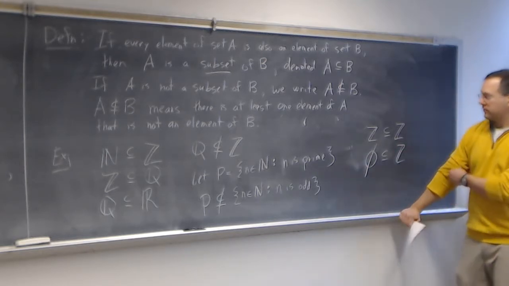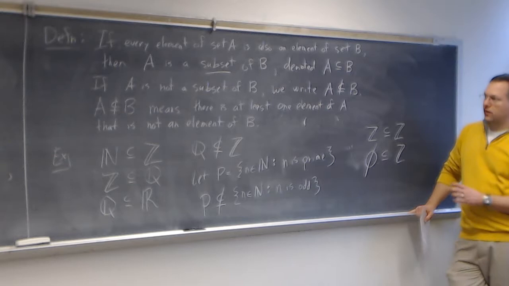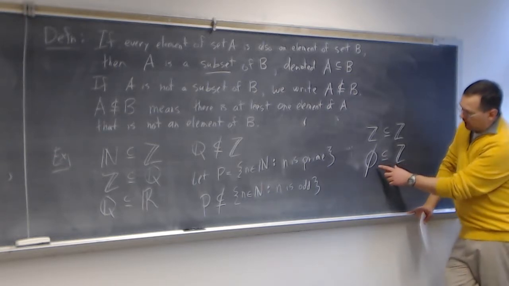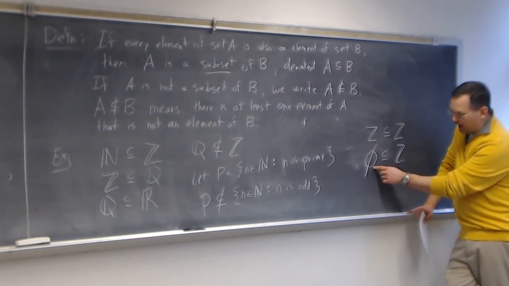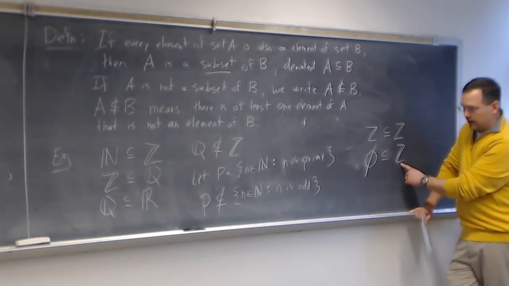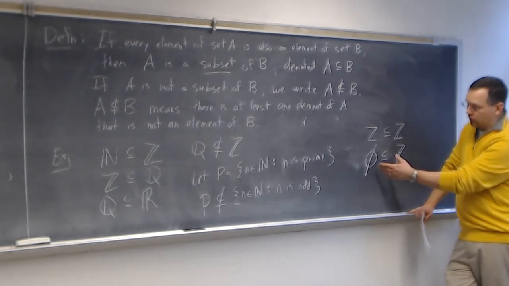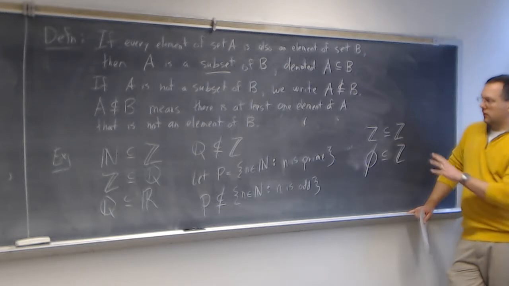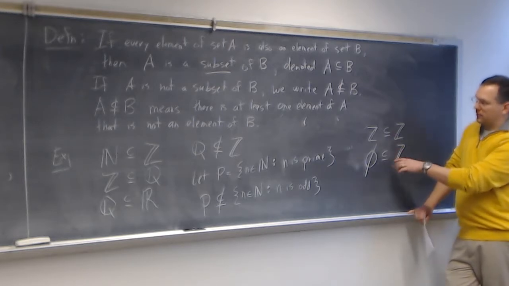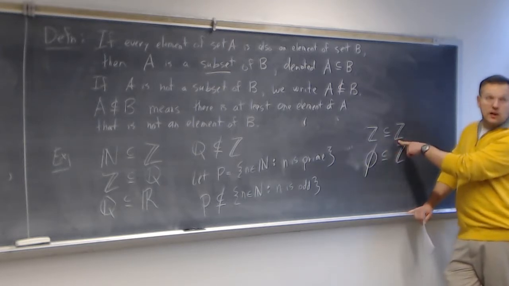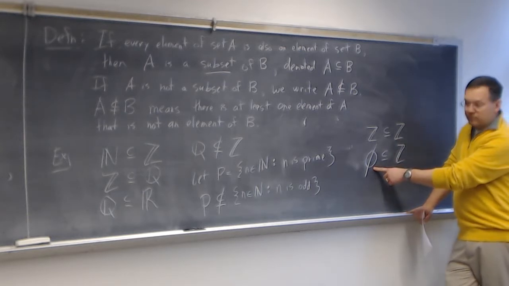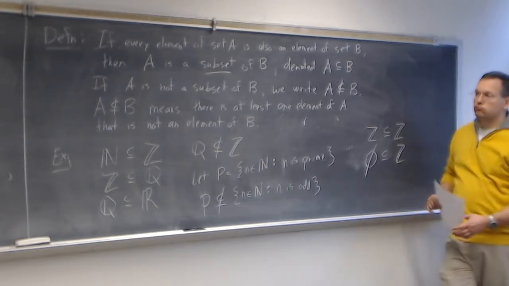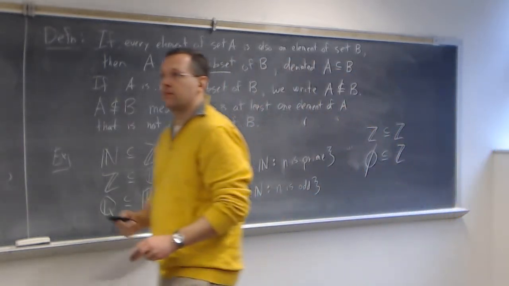So it's kind of a logical argument. You have to think about what it means to not be a subset of another set. If this was not a subset, then you could find an element of this set that is not in here. But you can't do that, so therefore this has to be a subset of this. Okay? So a couple of things I want to point out with these two examples. Every set is a subset of itself. The empty set is actually a subset of every other set. Okay, so that's a little fact. Maybe I have to write that up.